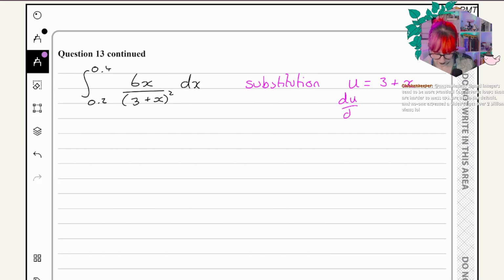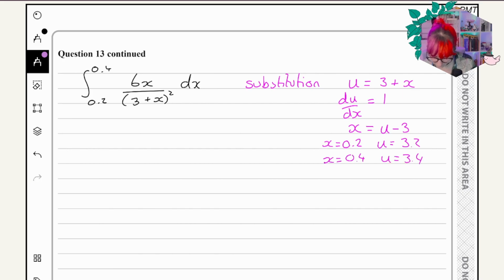So du dx is equal to 1. So du is just equal to dx. And finally, x is equal to u minus 3. So when x is 0.2, u is 3.2. And when x is 0.4, u is 3.4.